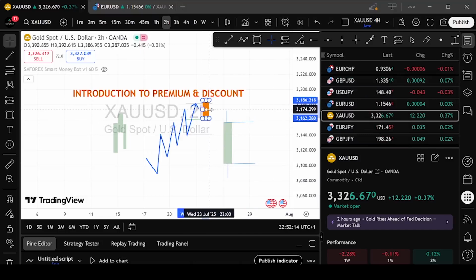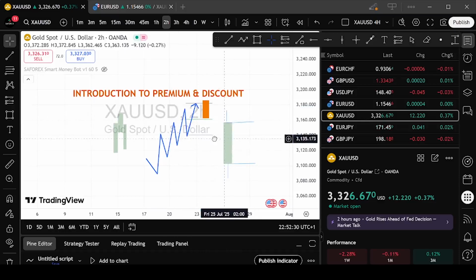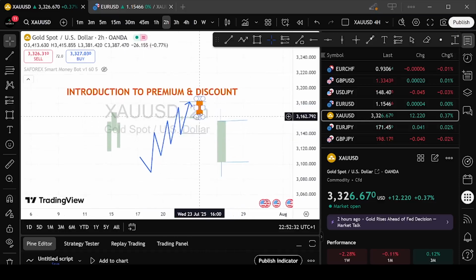Anything above this 50% is premium, and anything below this 50% is called discount. From here to here is discount, while this 50% itself is called equilibrium.